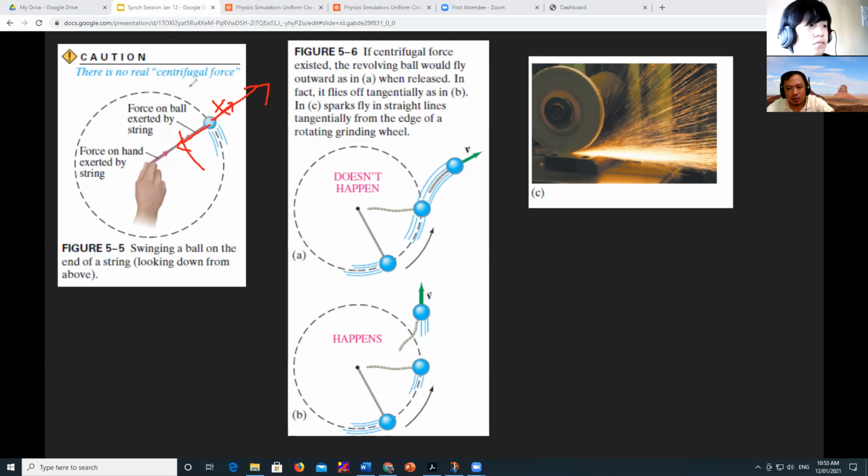So there's no such thing as centrifugal force. As proof, sparks fly in straight lines from a spinning machine, right? They will fly in straight lines. They will not move in a circle. Okay, they fly in a straight line. That is an example.